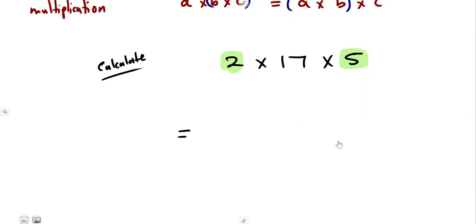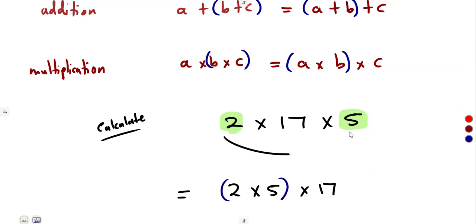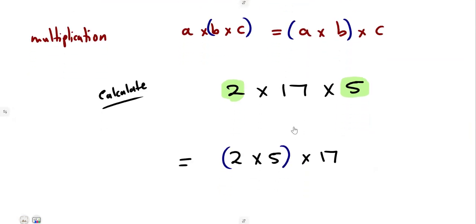This is the property now for multiplication. I can take these two together, 2 and 5, because it's easier for me to multiply these two. 2 times 5, I just group these like this. Then I multiply by what is remaining, which is 17. Having this in that manner does not affect my calculation.